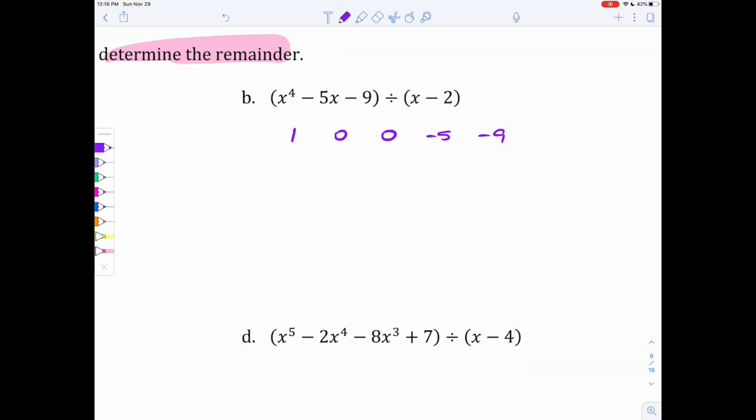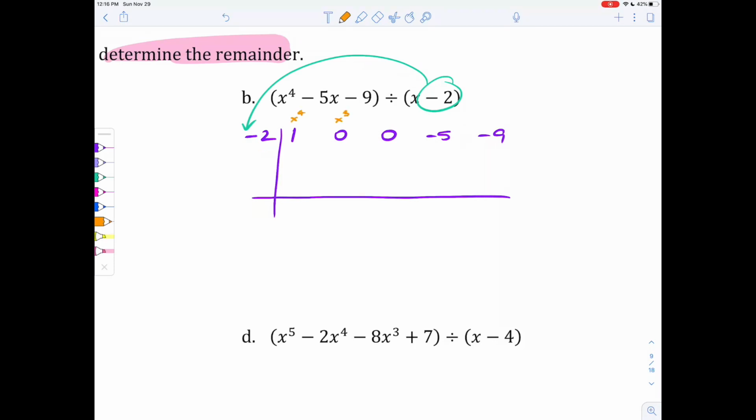And I'm dividing all that by x minus 2. So again, it's this negative 2 that's coming there. And this is how many x to the 4s, how many x cubes, x squareds, x's, and 1s. So I've got to make sure those are all accounted for. Absolutely necessary, a huge part of this.